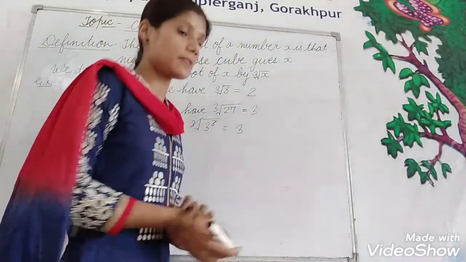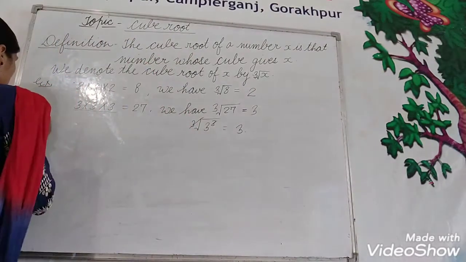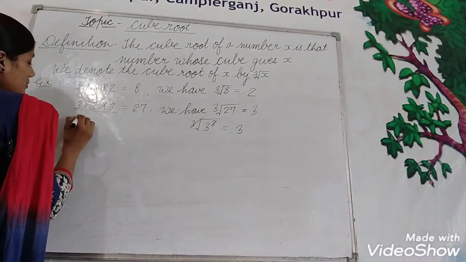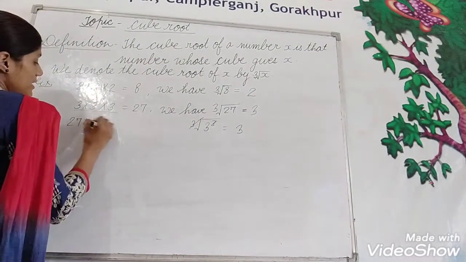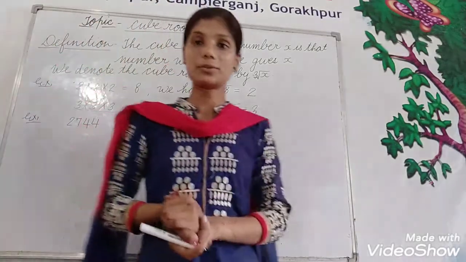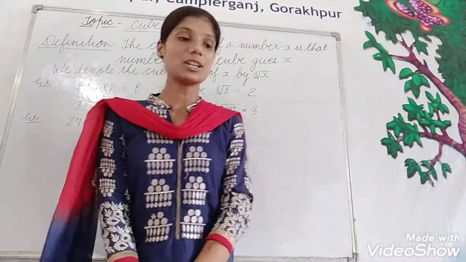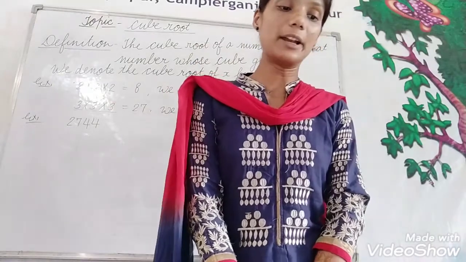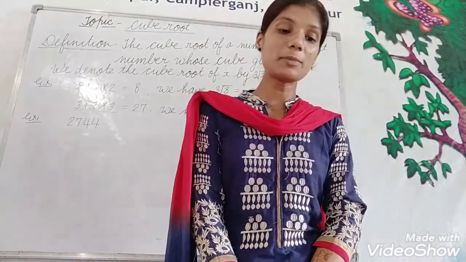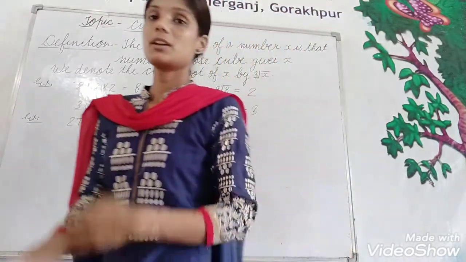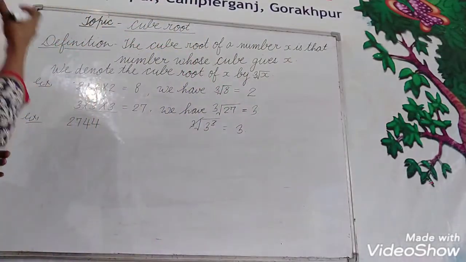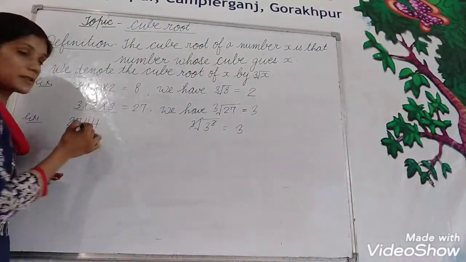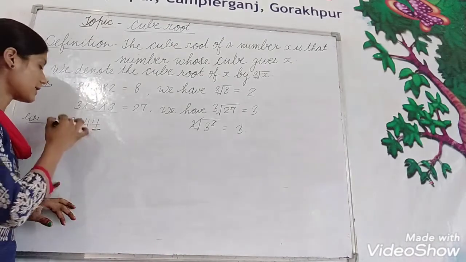First your question is given: how to find whether 2744 is a perfect cube number or not? First we check the same process. First we check the ones place number.